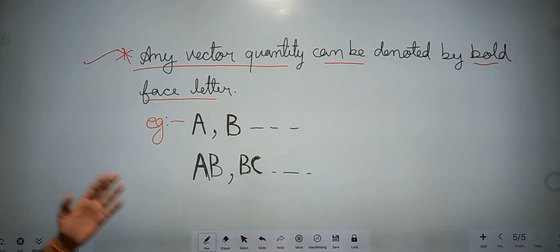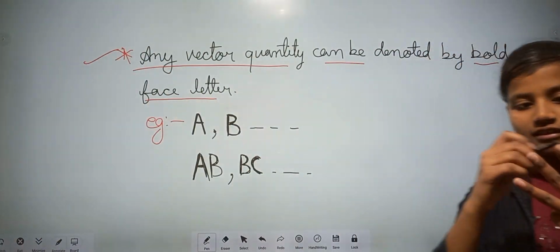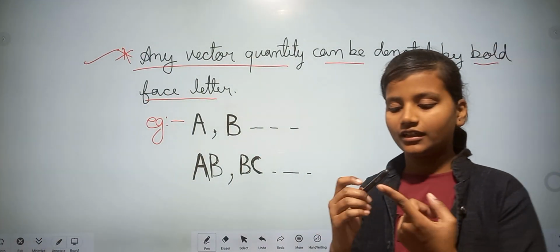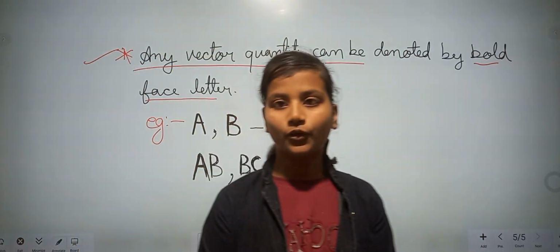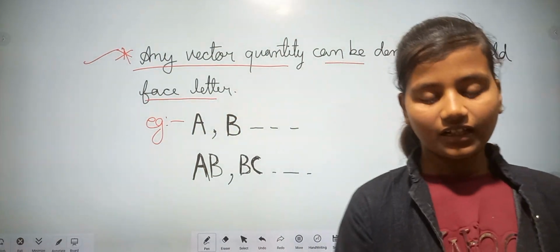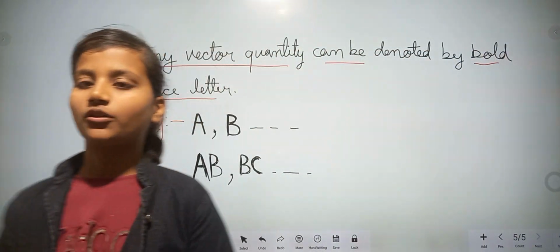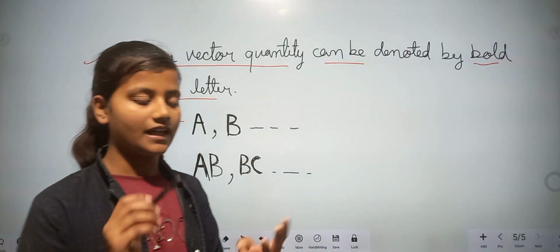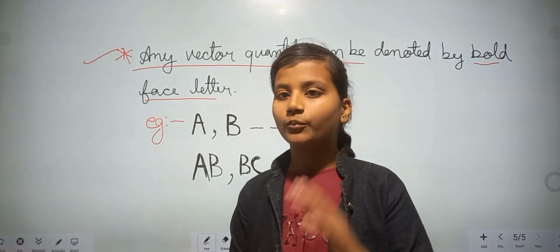So the algebraic representation of a vector quantity, we have learned in three points. First, any vector quantity can be denoted by an arrow over a letter. Second, any vector quantity can be denoted by a bar over a letter. And the last one is any vector quantity can be denoted by a bold face letter.